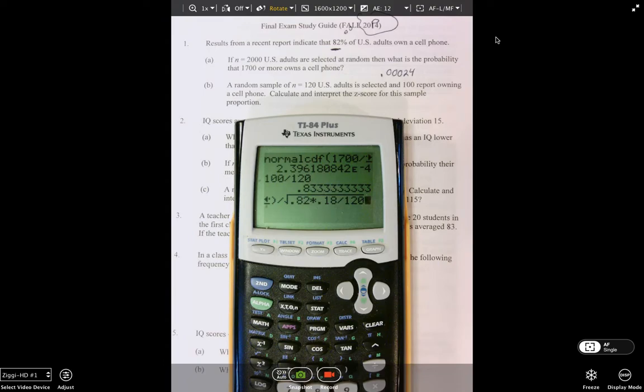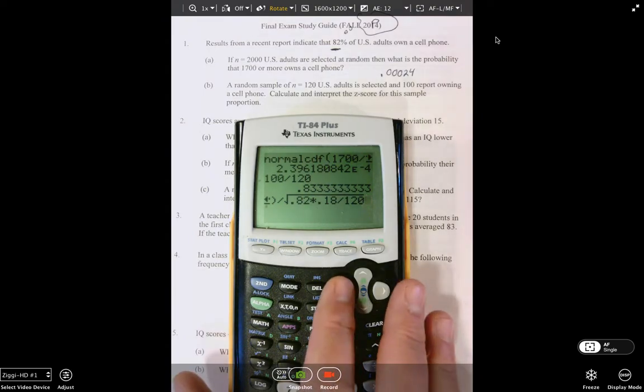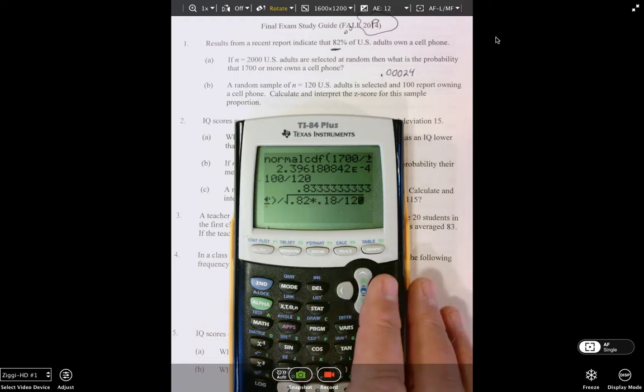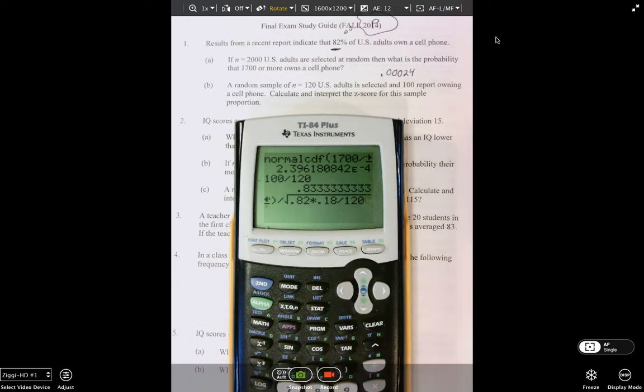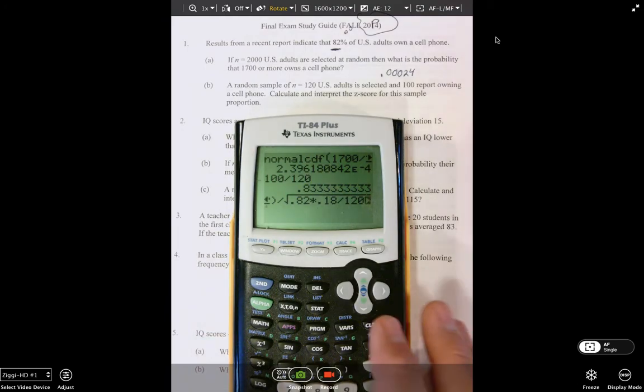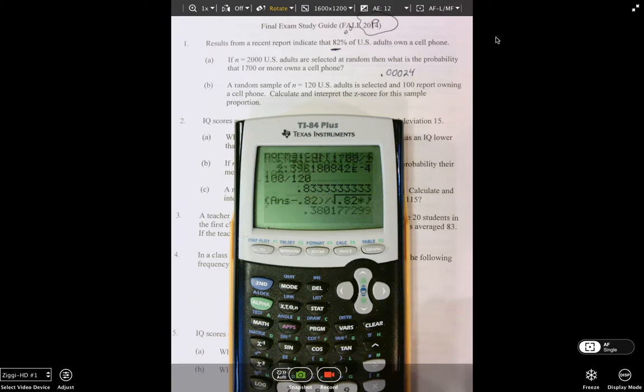Now notice that everything is included under the square root. Some of you, I noticed in class, try to put too much under there, and you get into an order of operations issue. Everything, the p, 1 minus p, and n, is contained under the square root. So guys, we're going to get a z-score of 0.38.